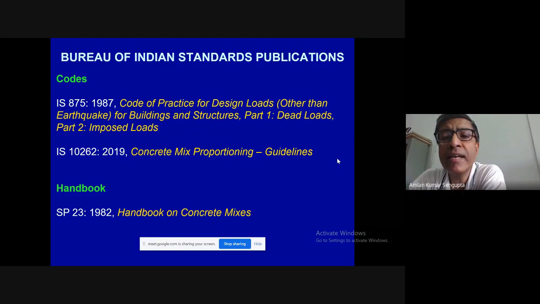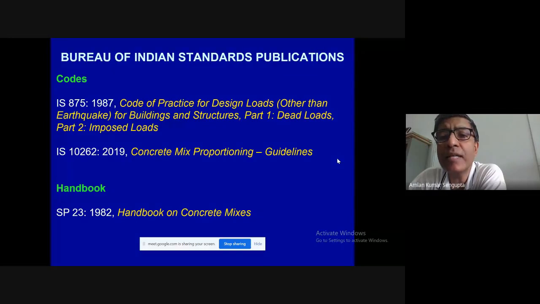The part 1 is related to dead loads. Now, what is meant by dead loads? The loads that do not change with time or space. Say, the self-weight of the members. See, reinforced concrete itself is a heavy material.